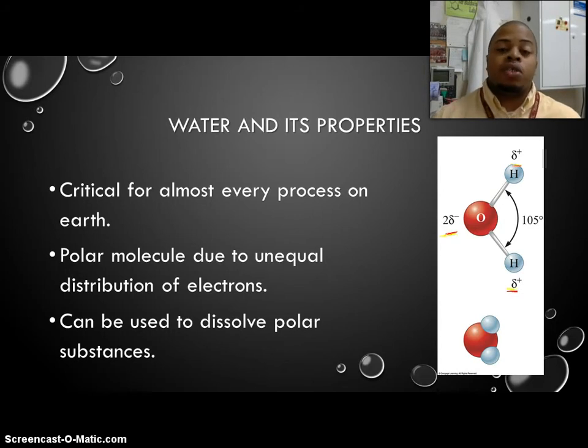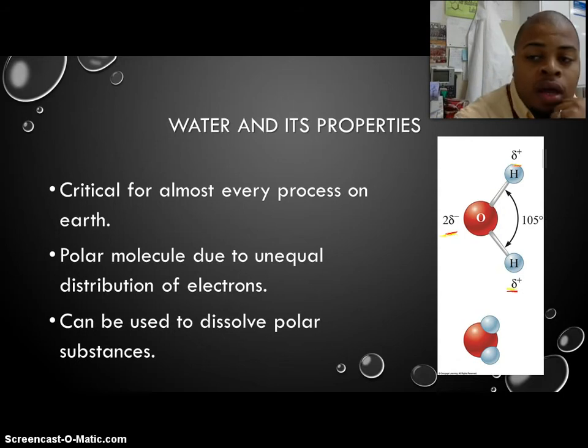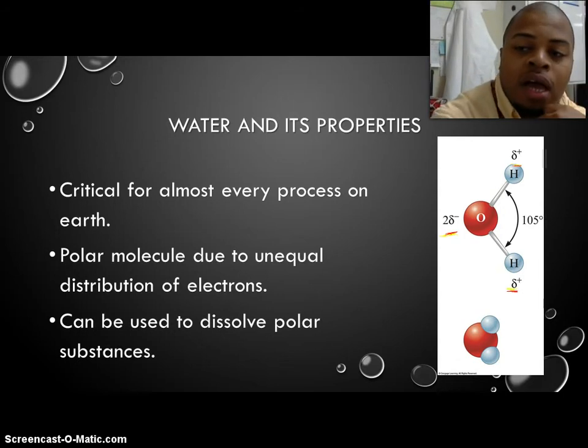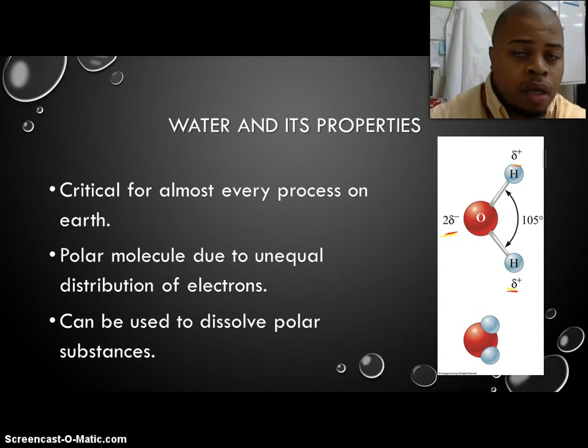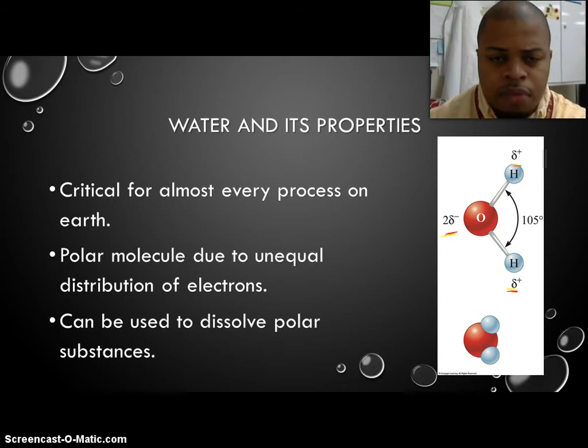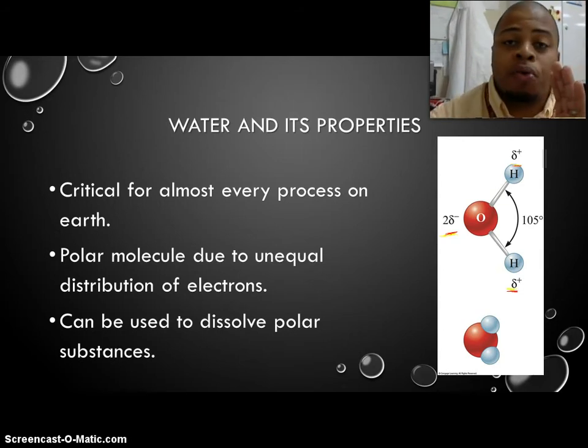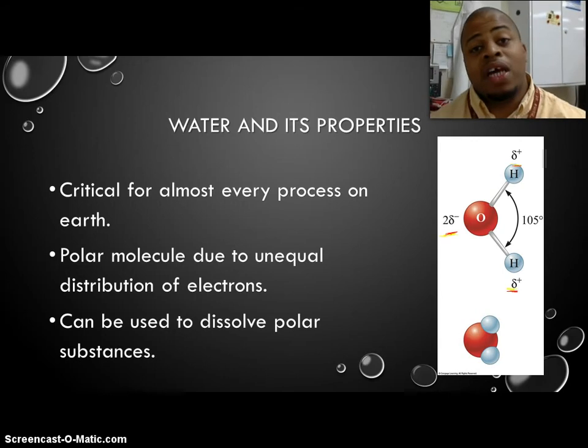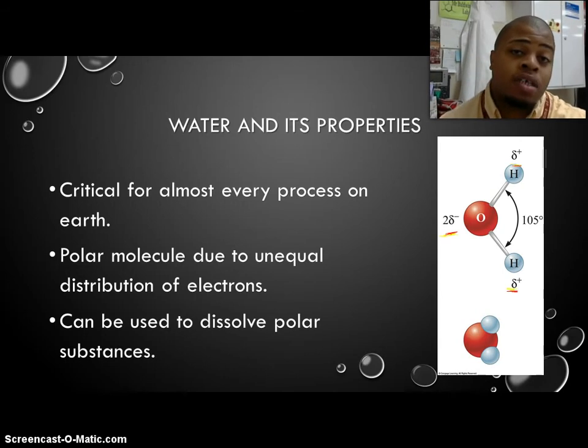It's going to pull them closer to the oxygen atom. This is why we have our slightly positive side on our hydrogen. Because these electrons are being unshared and pulled away, and hydrogen only has one electron to hold on to anyway, it becomes slightly positive, or more of the positive nucleus is displayed.